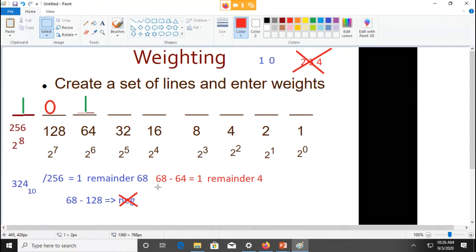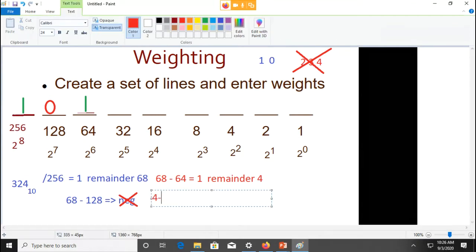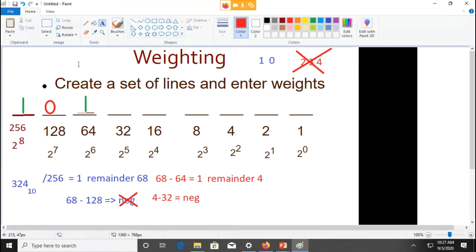So now I'm going to take 4 minus 32. If I do that, it's going to give me a negative, so I can't do that. So the 32 slot gets a 0.